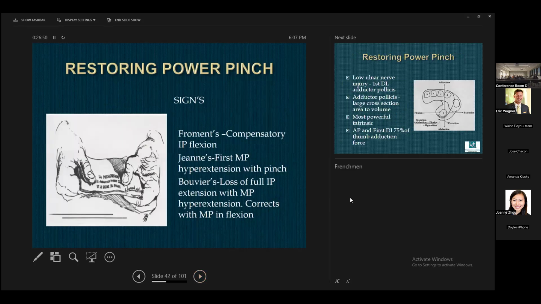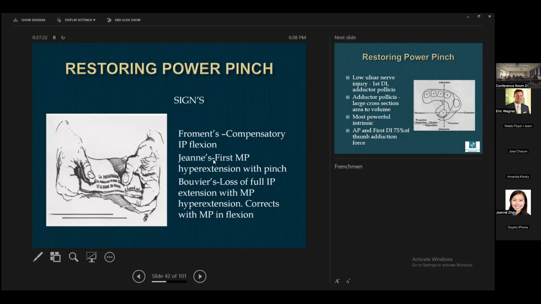Okay, so power pinch is associated with ulnar paralysis, and there are several signs that are helpful to know. This is another Littler drawing showing Froment sign, the compensatory interphalangeal joint flexion due to the paralyzed adductor and first DI, compensating with the flexor pollicis longus.